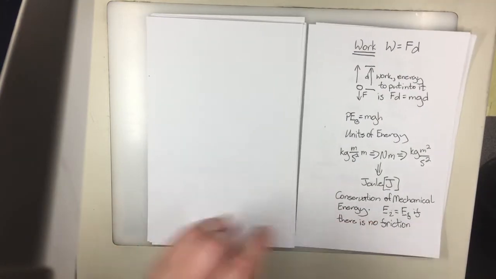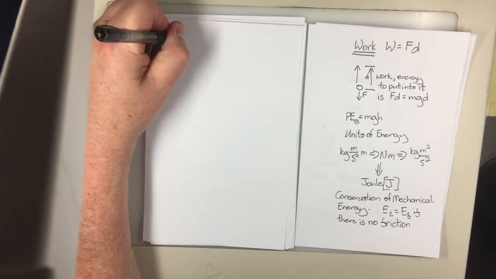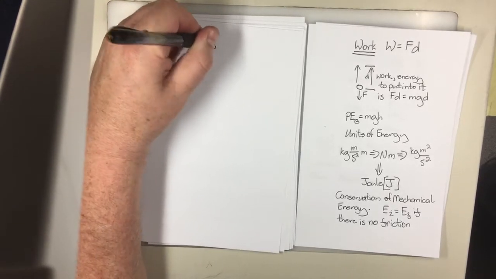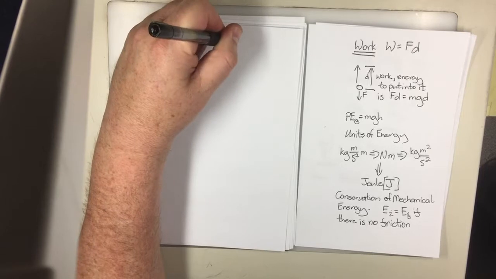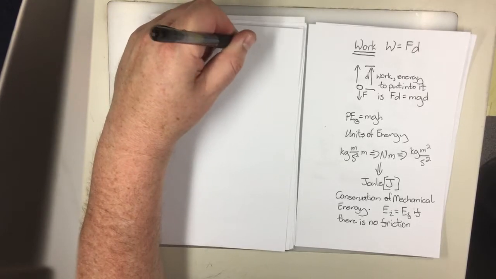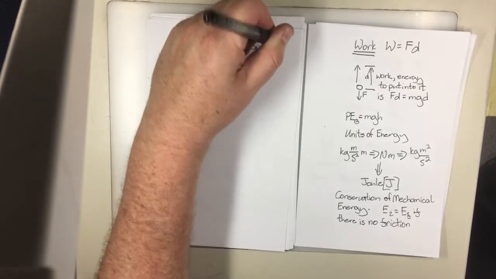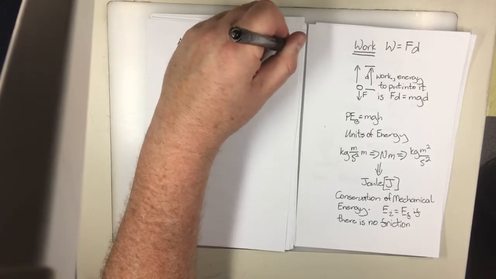So let's put this in perspective. A 5 kilogram object falls from a height of 10 meters.